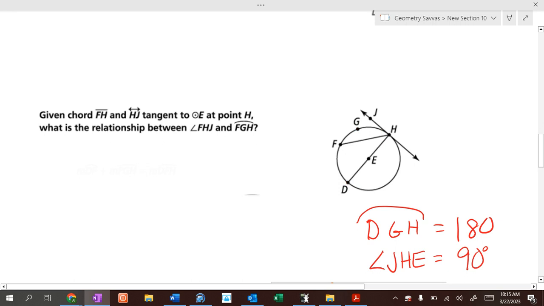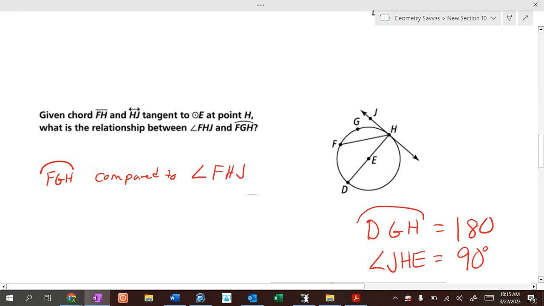Let's look at arc FGH compared to angle FHJ.